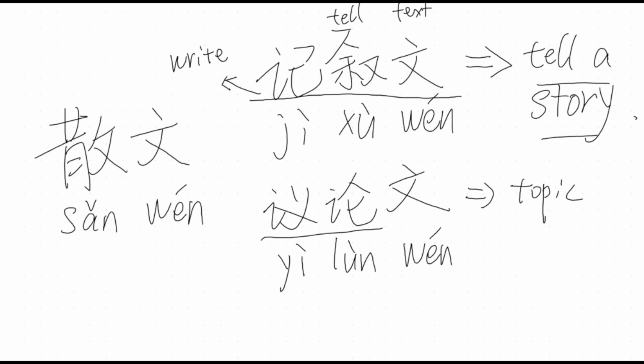So these two are the most basic writing content that we will learn as a student in China. So we have 记叙文, that's the most basic. We learn how to write a sentence. We learn how to structure an essay, a text, a story.